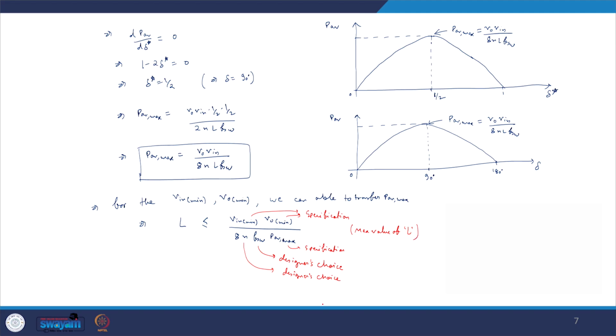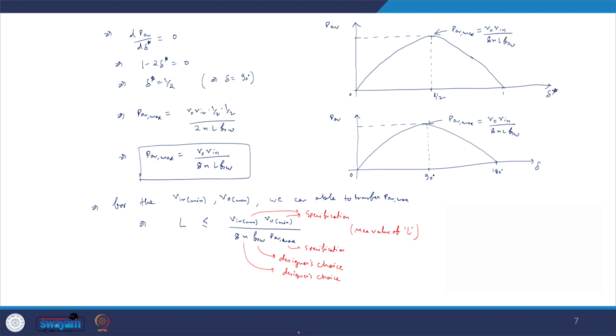Now, the designer can do iterations and predict the best possible value of inductor such that you will have minimal losses as well as maximum power density. That means you can define your number of turns and switching frequencies, and then optimally select this inductance value.